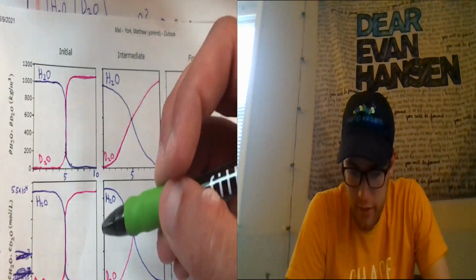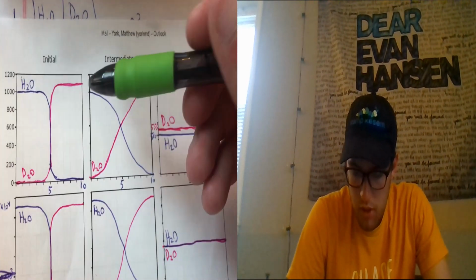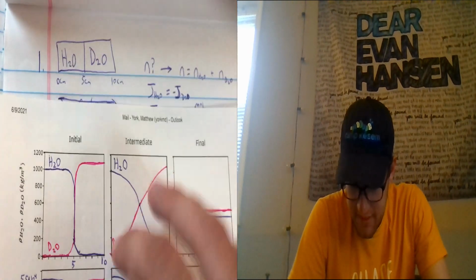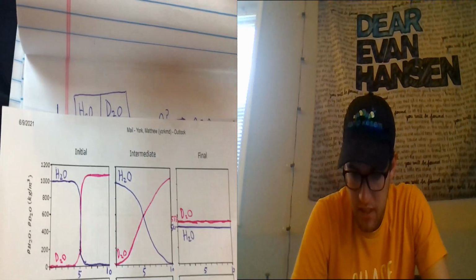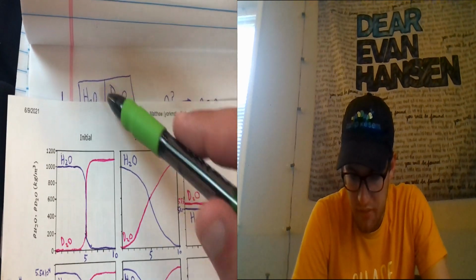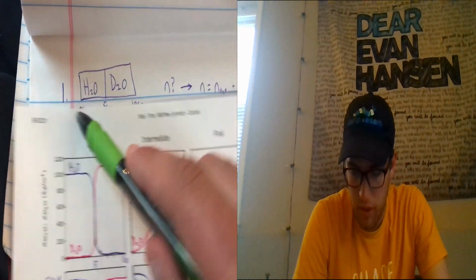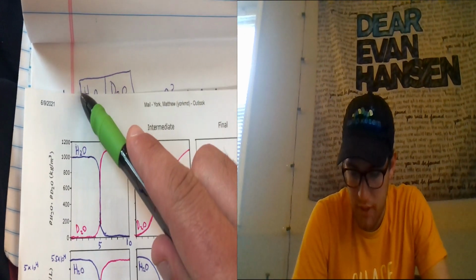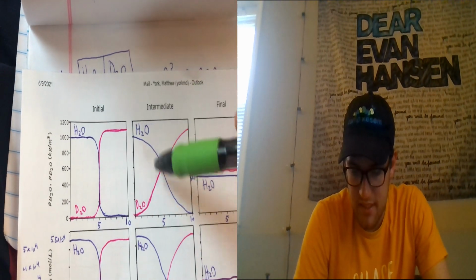So going into the intermediate, as these start diffusing more and more, you're going to have way more on the right side, because not all of this is going to be diffused yet, but most of this is going to be diffused. So on the left side, there's going to be the least amount of saturated water, and on the right side, there's going to be the least amount of water. They're just going to gradually change as this diffuses out.